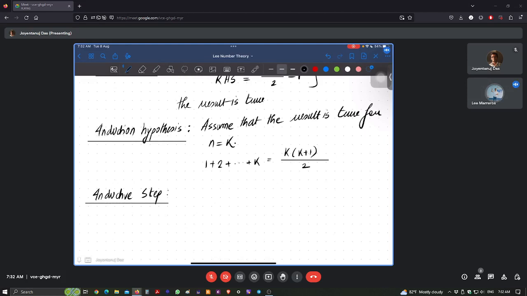We now prove that the result is true for the next one, so n equals k plus 1.